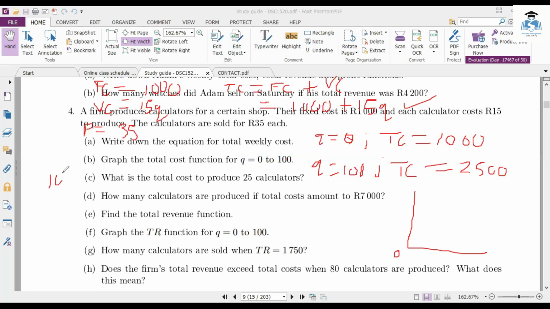We are simply saying 1,000 plus 15 times 100 for Q. So 1,000 plus 1,500, which will give us 2,500. Oh, okay. I got you. Thank you. You're welcome.